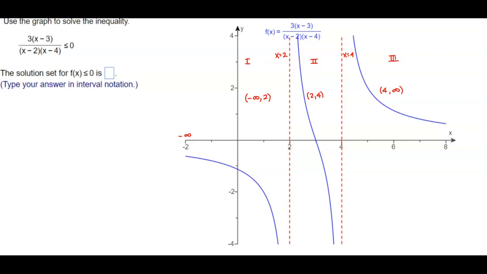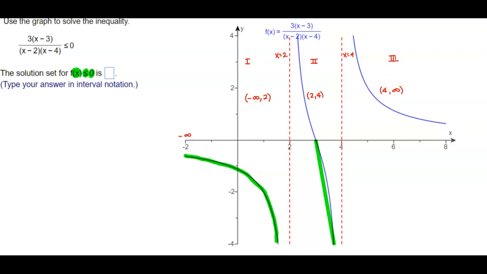Now the question is asking us: where in the graph is the function less than or equal to 0? So where is it below the x-axis? Well, you can see that this part of the graph is below the x-axis, and then it's also below the x-axis from here.